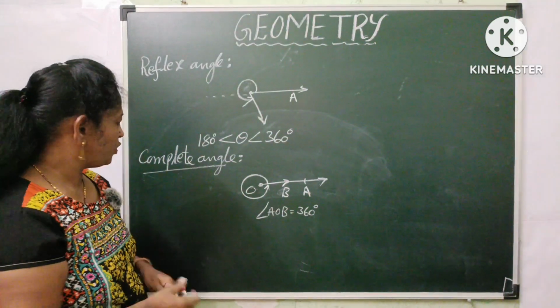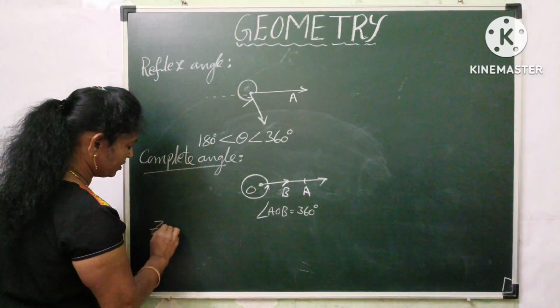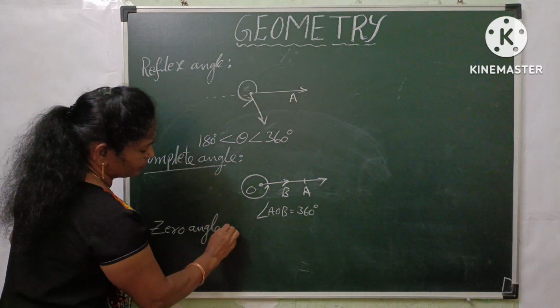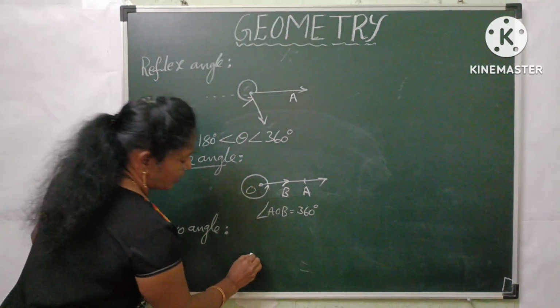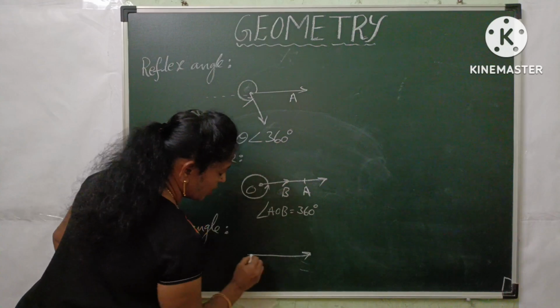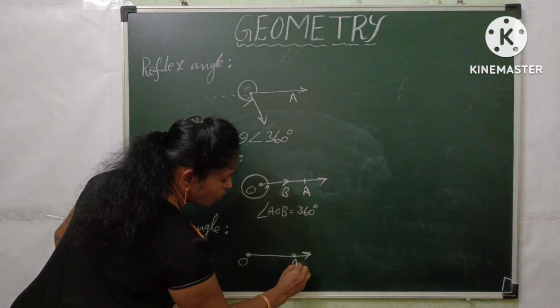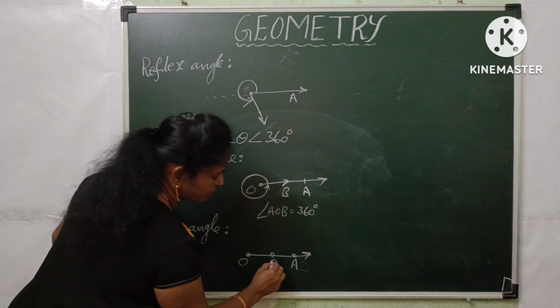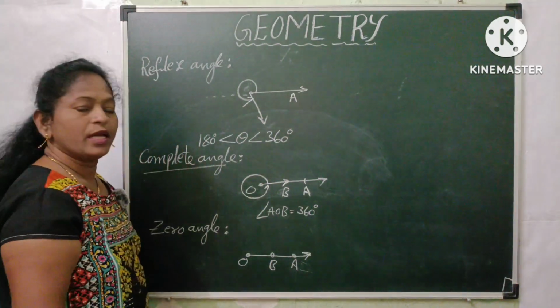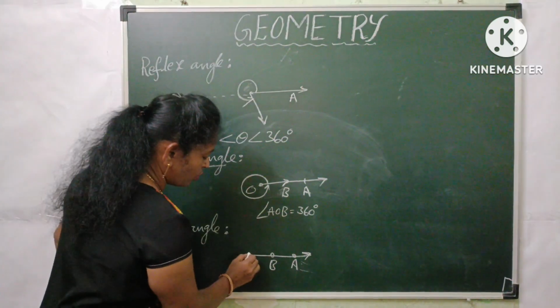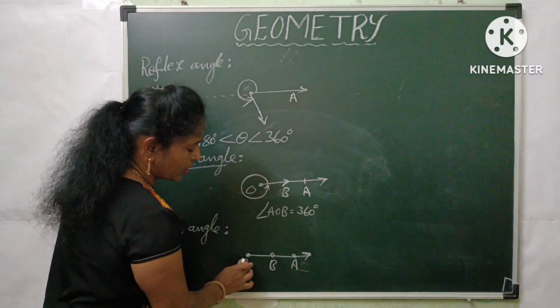Next, I already said zero angle. Zero angle means when the starting initial ray and the terminal ray are both coinciding, then it is a zero angle. We have to distinguish between complete angle and zero angle.